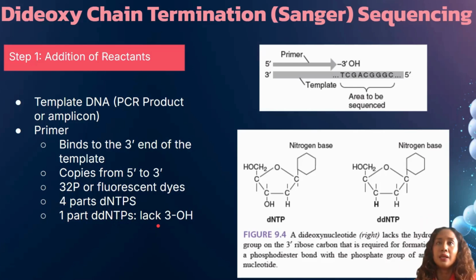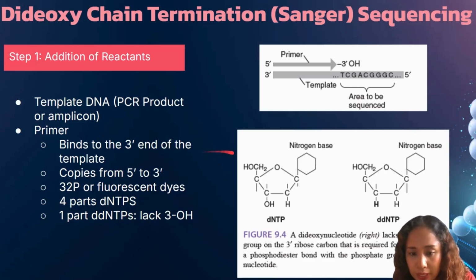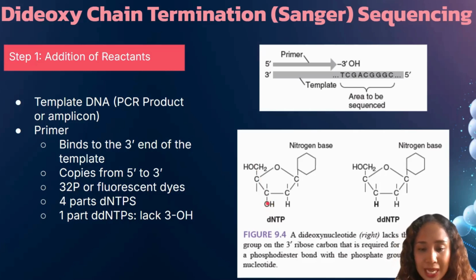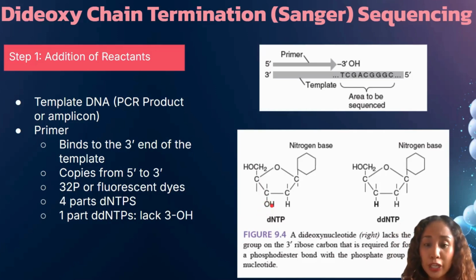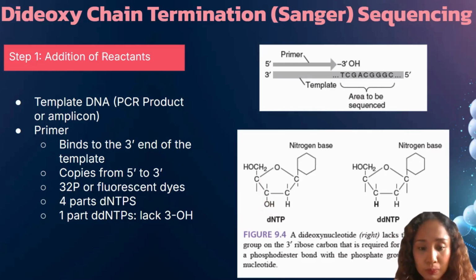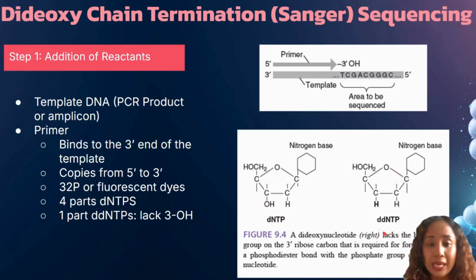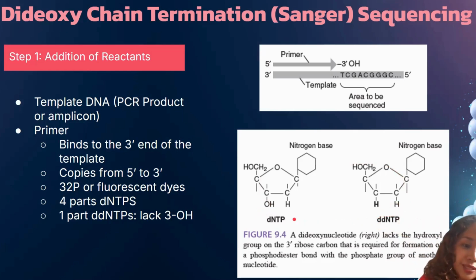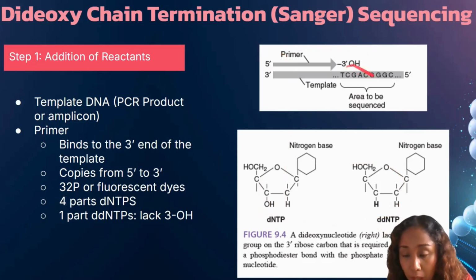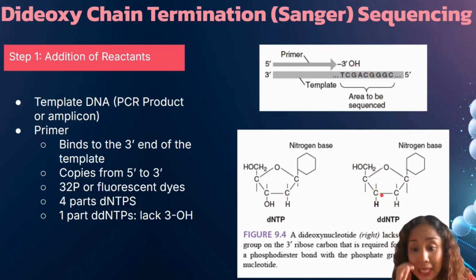Guys, I told you dNTPs are the building blocks. They allow the creation of a new strand because of this oxygen in the structure, which allows another bond to be created. However, ddNTP lacks oxygen. It lacks the 3' OH group, so a fragment is created.